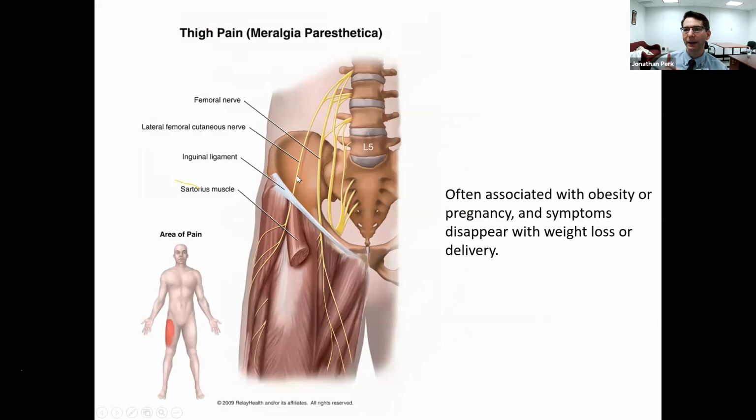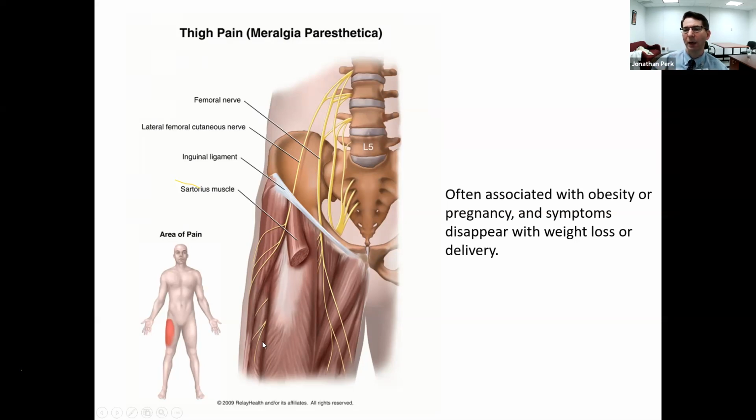It has nothing to do with the femoral nerve. This is the femoral nerve. The only thing they have in common is the word femoral, but it's a common mistake, and I sometimes even hear residents say it. They think it comes off the femoral nerve. It does not. It's a pure sensory nerve that innervates the lateral aspect of the thigh.